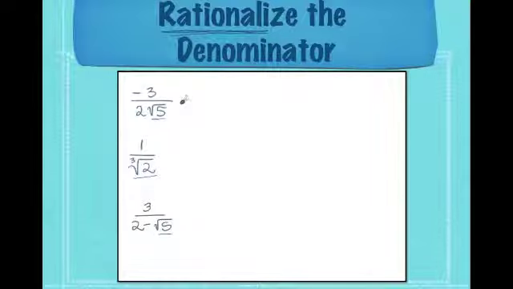So to get rid of one with a square root, I can multiply by whatever's in the square root. So in the numerator, that gives me negative 3 square root 5, and in the denominator, it gives me 2 times square root 25, which is 5.